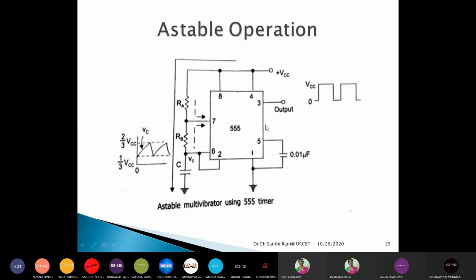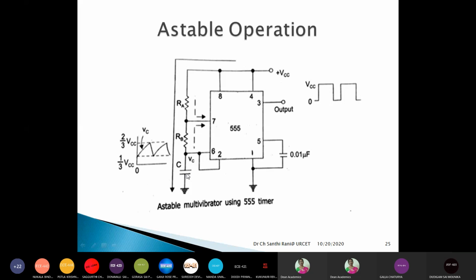So that is the actual 555 timer and its functional diagram we have seen. When we connect the 555 timer in monostable mode, what additional components do we connect? From VCC to ground, we connect one resistor and one capacitor.